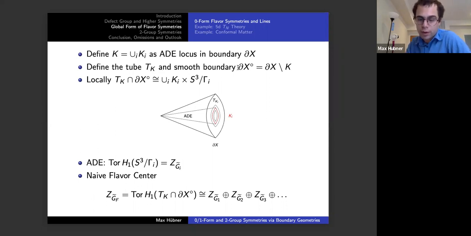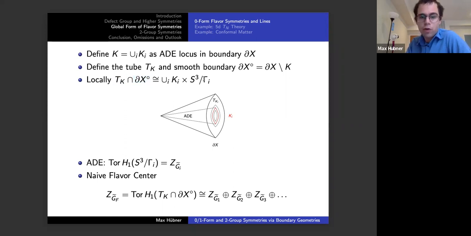And I also want to define the smooth boundary, which is the boundary with the singularities simply removed. And then of interest will also be this intersection here. This can be thought of as all the local boundaries to the ADE singularities, so I'm intersecting the tubular neighborhood with the smooth boundary.